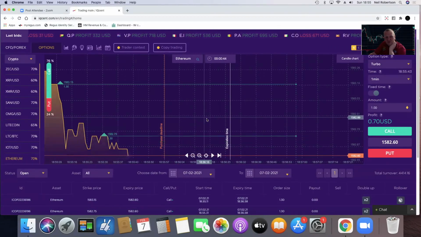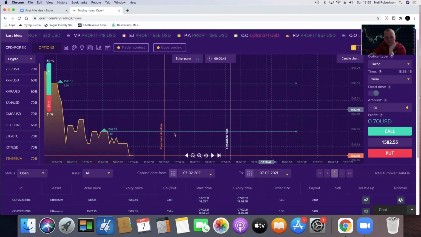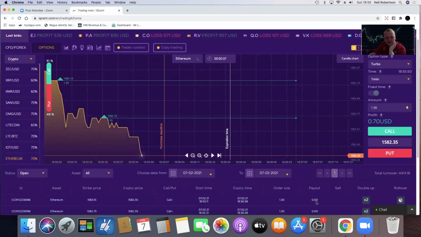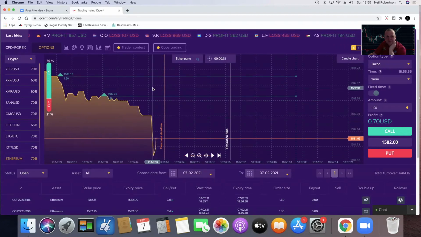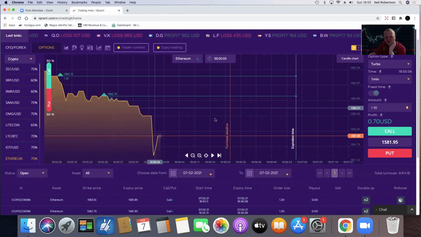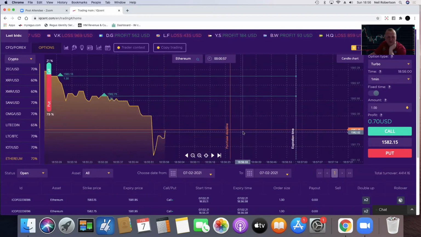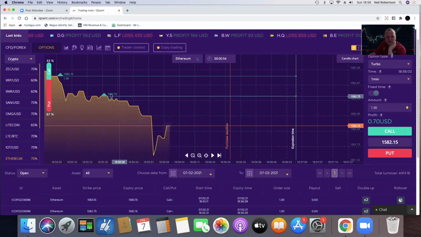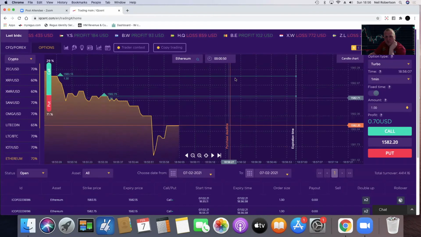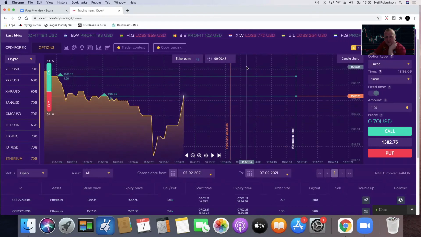As long as you're above this line, you will win your profit on that one, and down here it'll tell you what your payout will be for those trades. So it's 70% of whatever 130 is. I'm not fantastic with numbers, I don't have a calculator on me at the moment, but you would get 70% back on both of those trades if it came above the line.